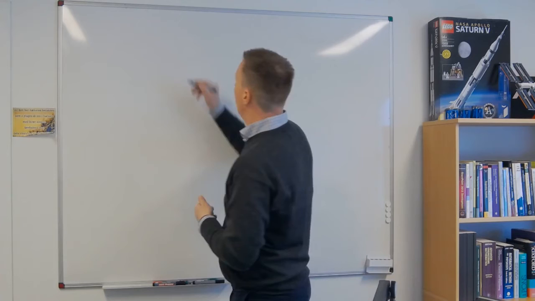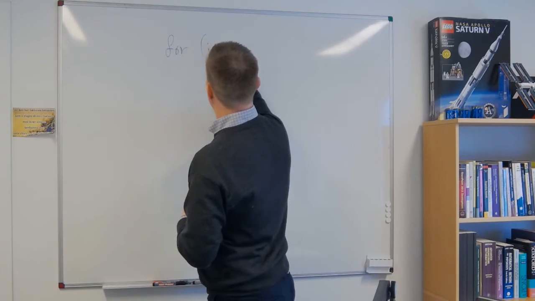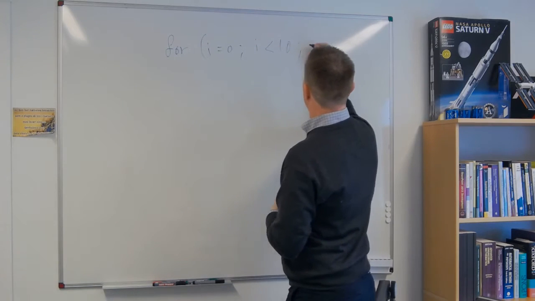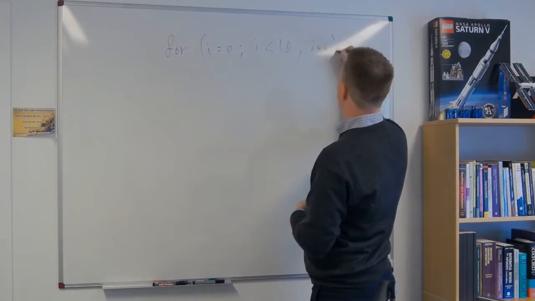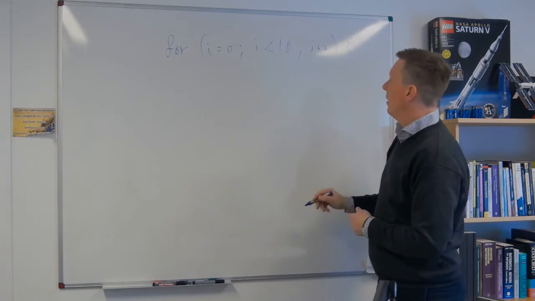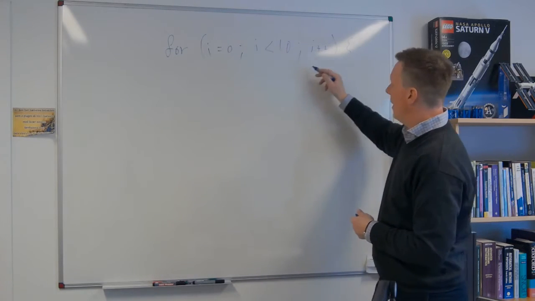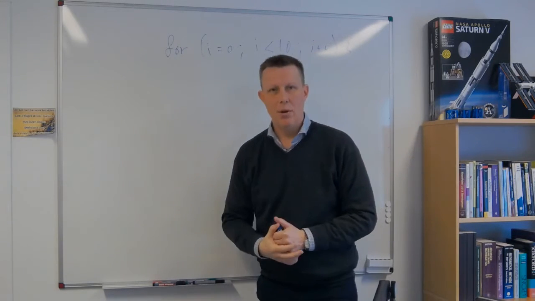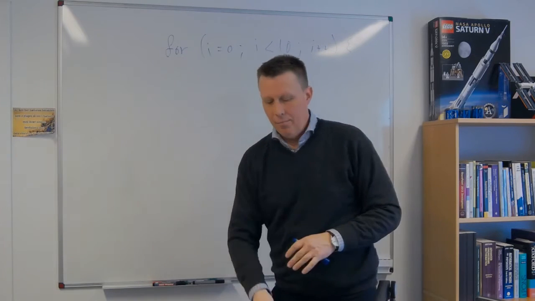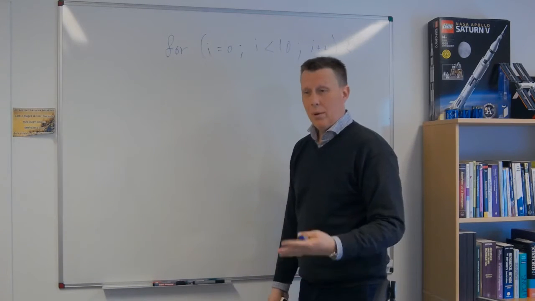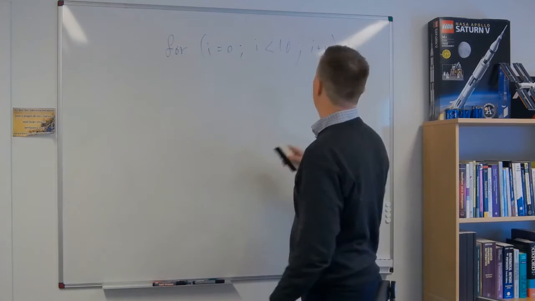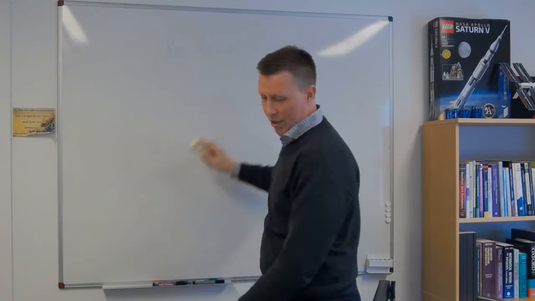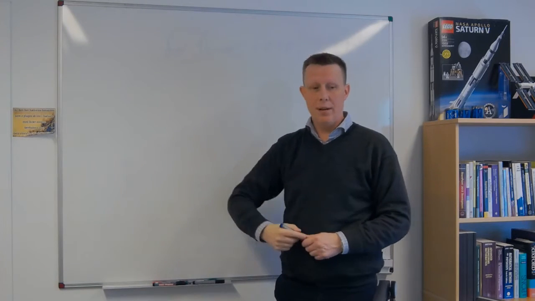Because if you write for i equals 0, i less than 10, i plus plus in C, this is actually mutating this i variable, and that's not really a good idea. And if we don't have any loop variables that we can increment, then we need to do something else, and that something else is recursion. That is, we call ourselves over and over and over again.